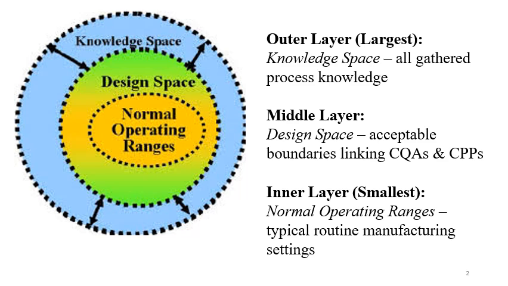The outermost layer is the largest one, as you can see a circle. Middle layer is the design space and the inner layer, the smallest one, is the normal operating ranges space. Knowledge space means all the gathered data or all the gathered process knowledge.